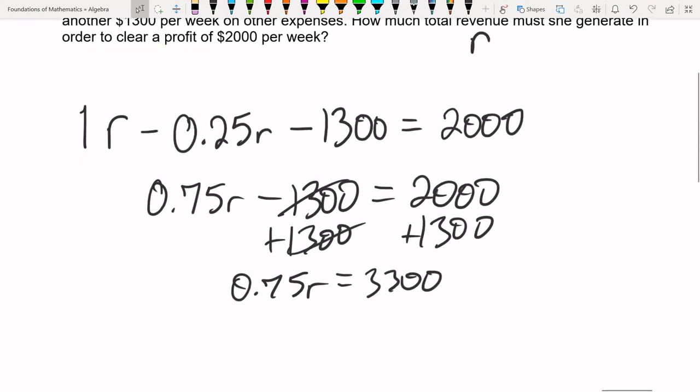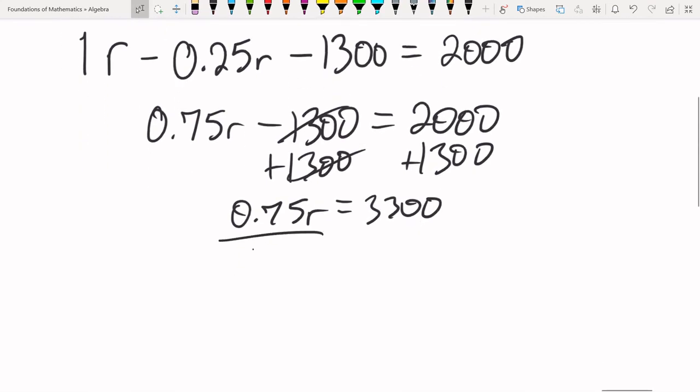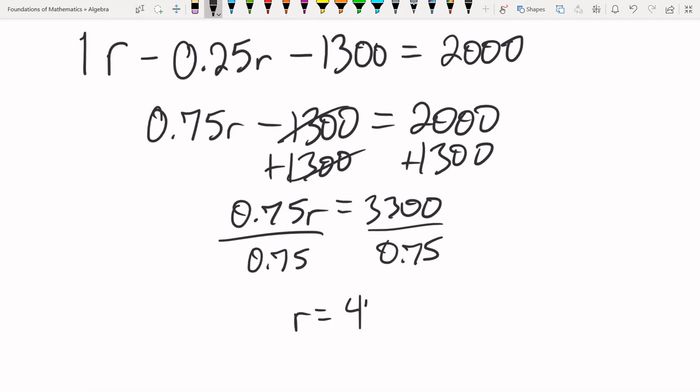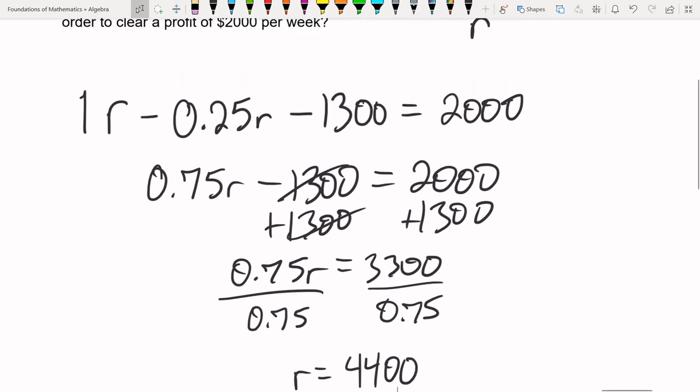And now I can solve for r by dividing out 0.75. This gives me $4,400.